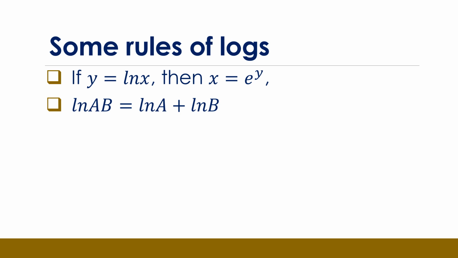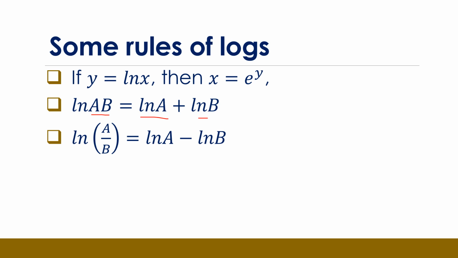And if we want to get the logarithm of a product, then the logarithm of a product AB is simply equal to the sum of the logarithms. The logarithm of a quotient is simply equal to the difference between the logarithms. The logarithm of a number a raised to power n is simply equal to n times the logarithm of a.